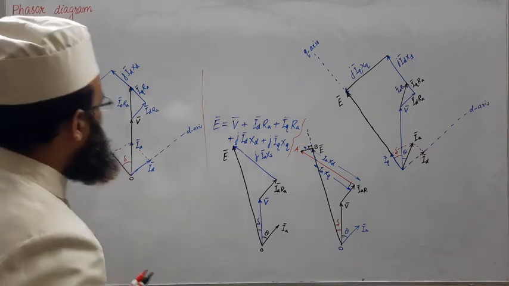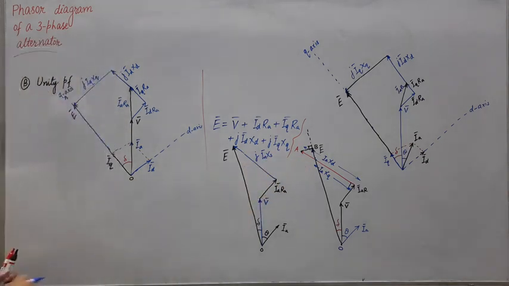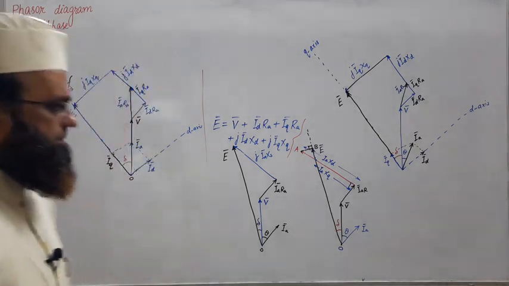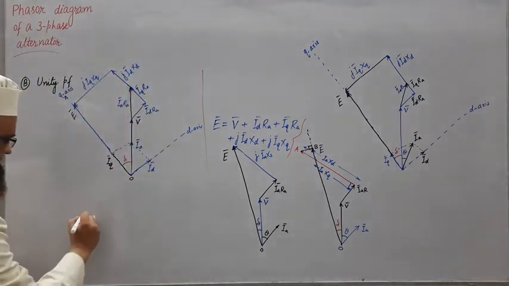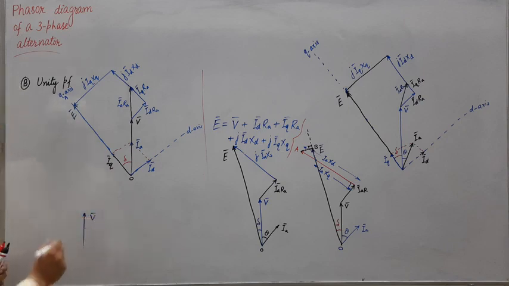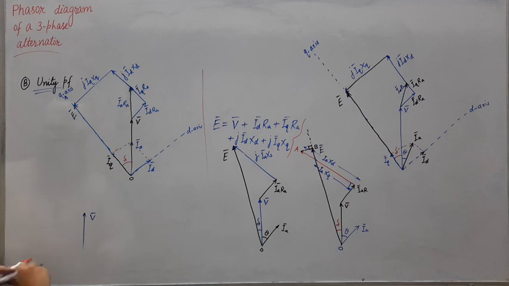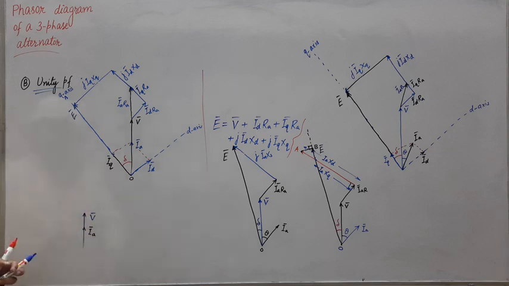What about the case when delta is not known? So again the same procedure. Select two scales for V and IA, then draw V phasor. As for this case, unity power factor, we have IA in phase with V, so IA will be somewhere lesser or more, but direction will be same. IA.